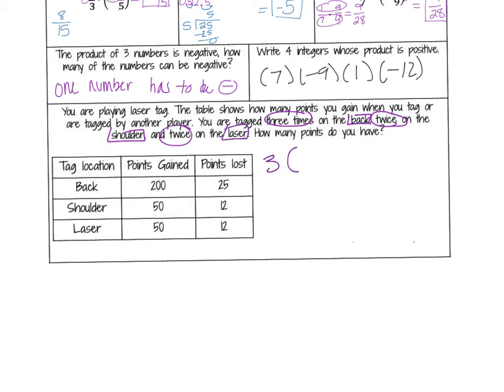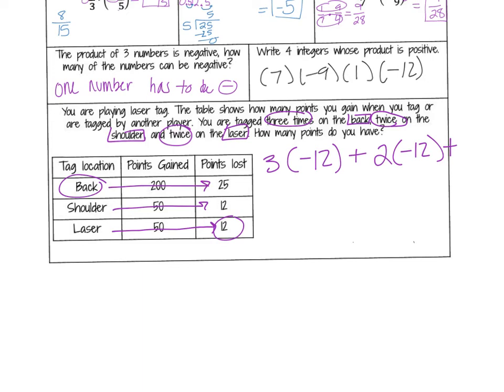So every time you get tagged on the laser, you lose 12 points. And then you're tagged 2 times on the shoulder. So minus 12 points when you're tagged on the shoulder.